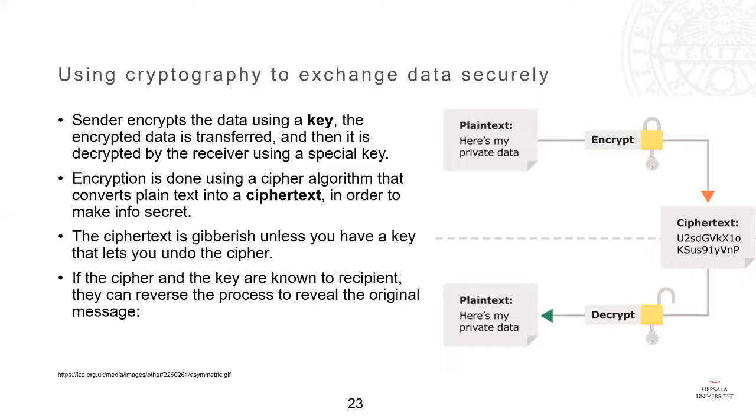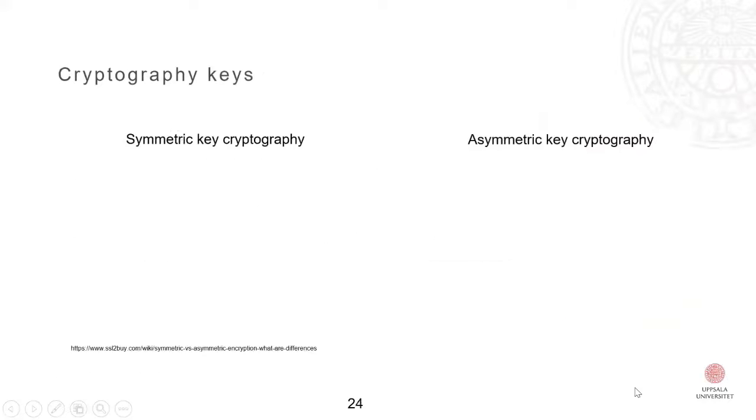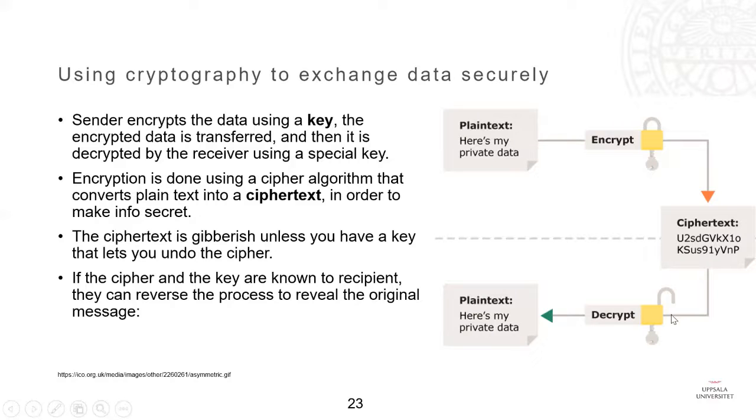But then, interestingly, at the receiver side, we can use the decryption method with the key. This key is shared between the sender and receiver. And then using the algorithm and the key, the receiver can convert the ciphertext to the plain text.